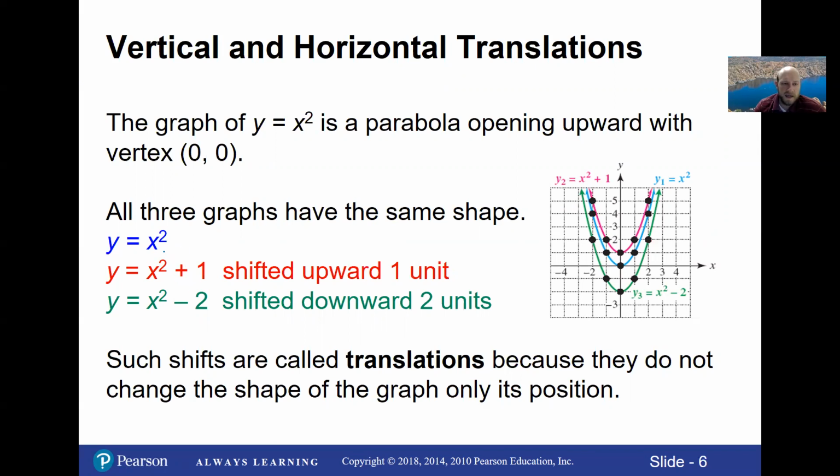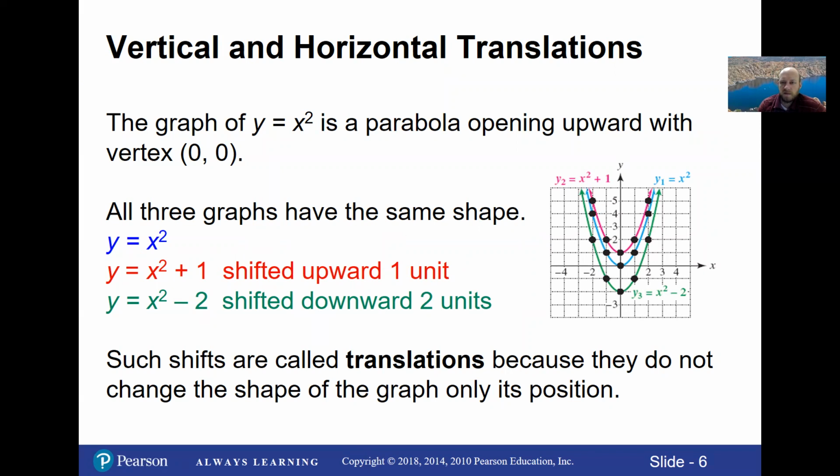What we're focusing on is that a is going to be 1 for all these, so we have a 1 out in front. Now we're either adding or subtracting after the x squared, and we want to know how that affects the graph. If it's x squared plus 1 or plus 5 or whatever, that shifts the entire graph upward however many units it is, so in this case, 1 unit.